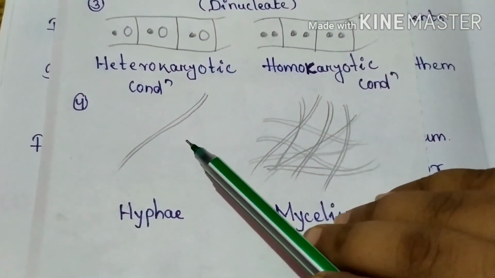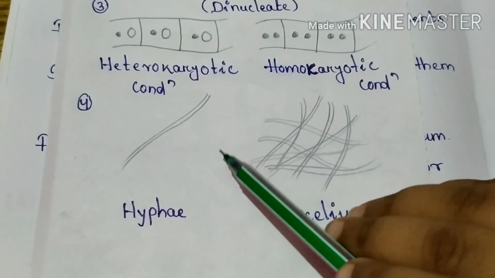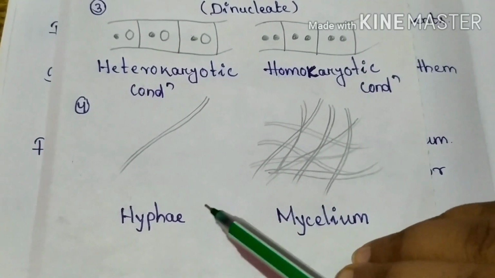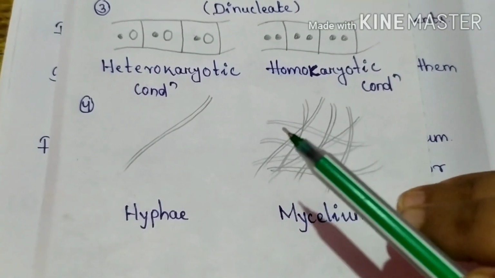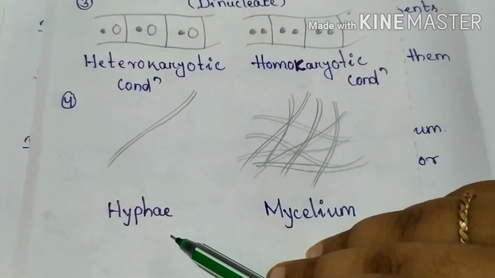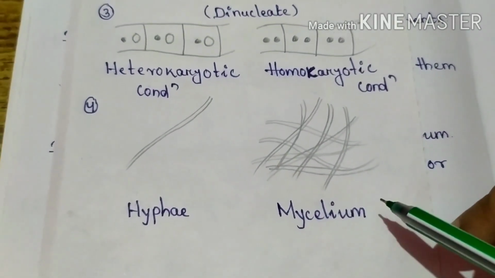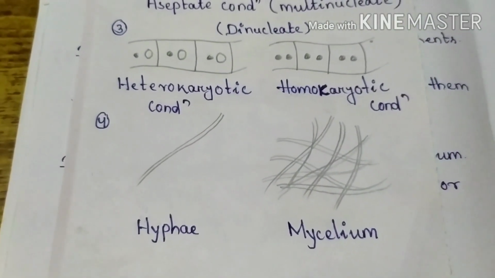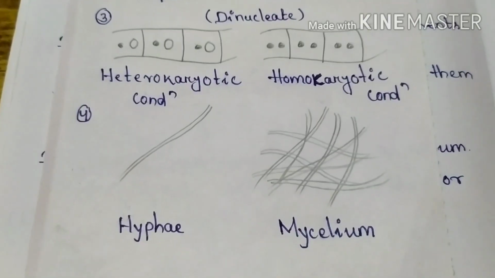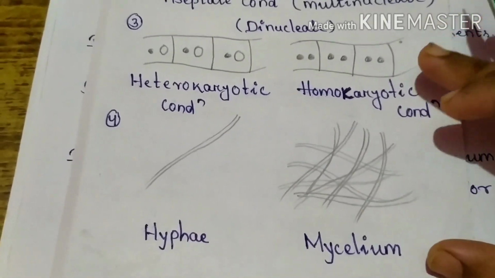Hyphae is a single filamentous or thread-like structure, but a group of hyphae altogether is known as mycelium. Clear? Then the hyphae or the mycelium may be septate or aseptate.